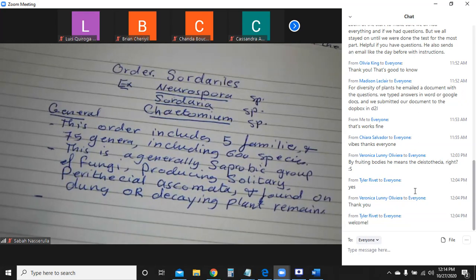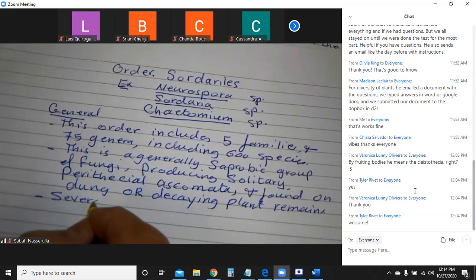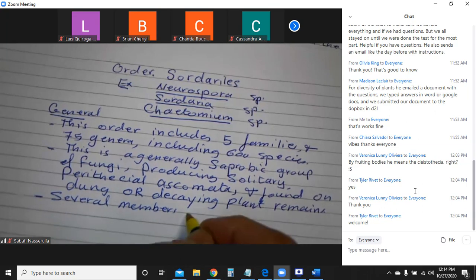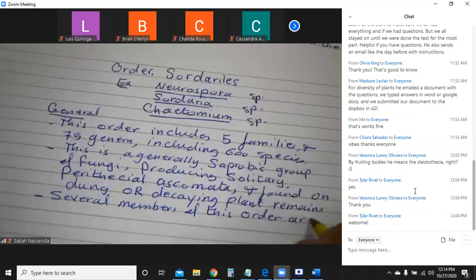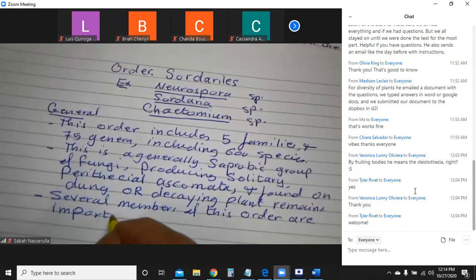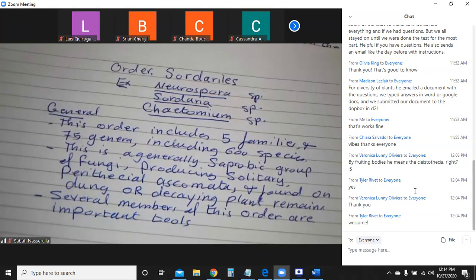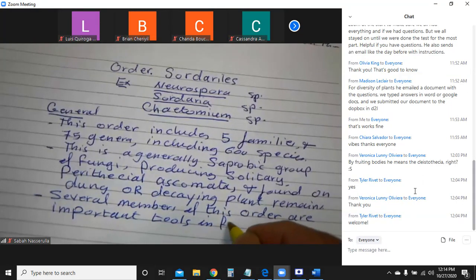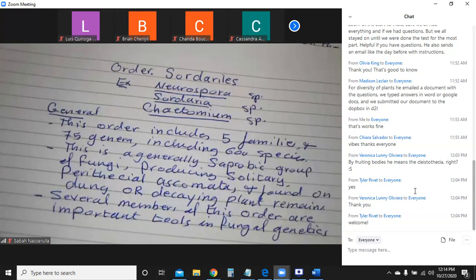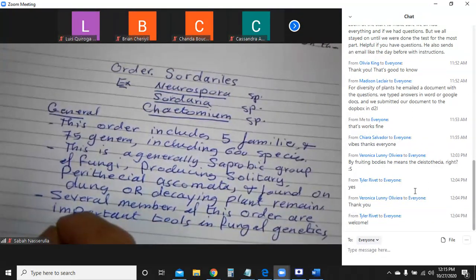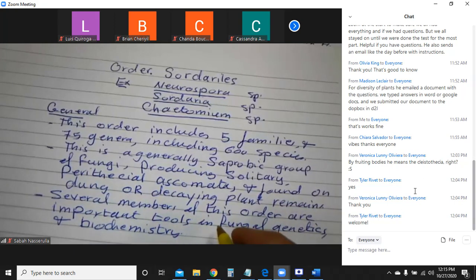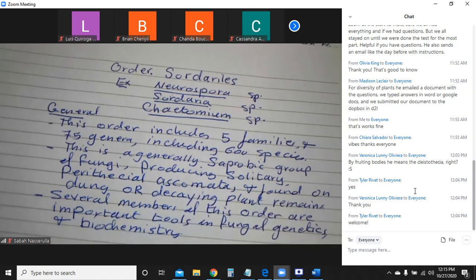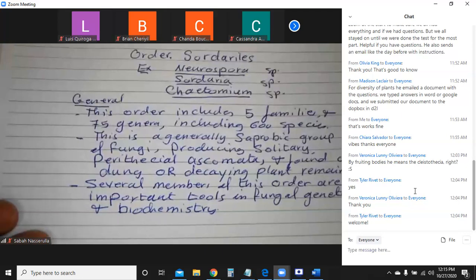As I mentioned, several members of this order are important tools in fungal genetics and also biochemistry. And the most important one of these is Neurospora.